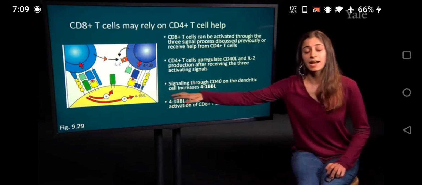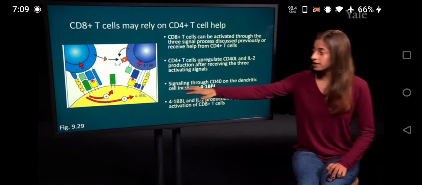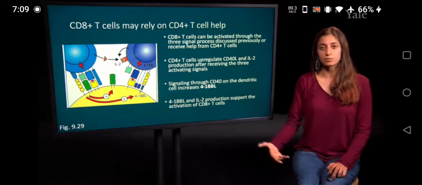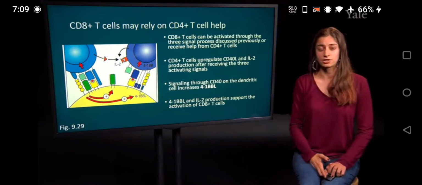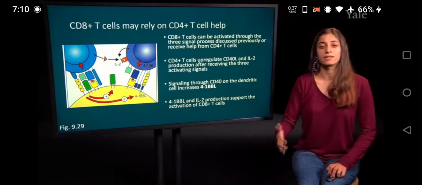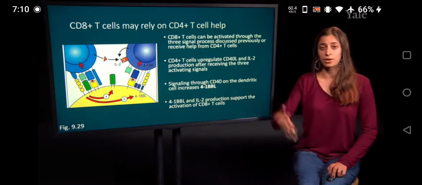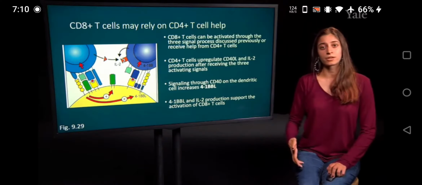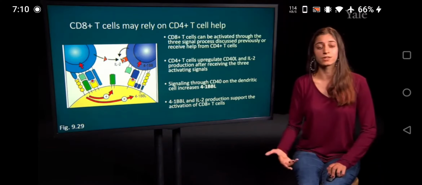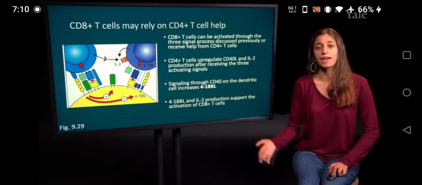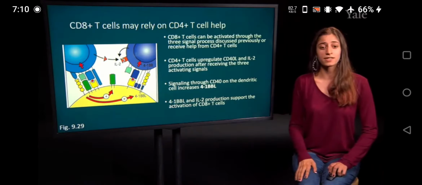This allows for the CD8 positive T cell that's interacting weakly with its antigen presented on MHC class 1 to get even further activation signals. This will allow it to overcome a threshold and then become activated. The CD4 T cell further confirms to the immune system that this is an antigen we should be responding to, and thus helps the activation of the CD8 T cells.